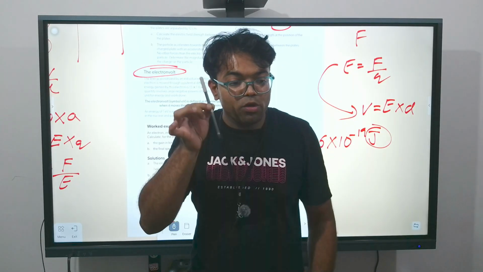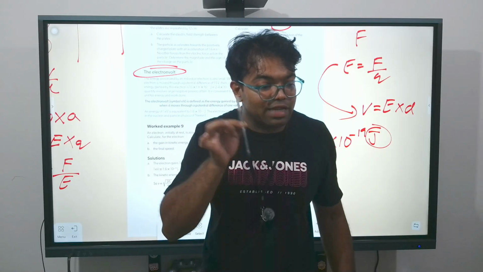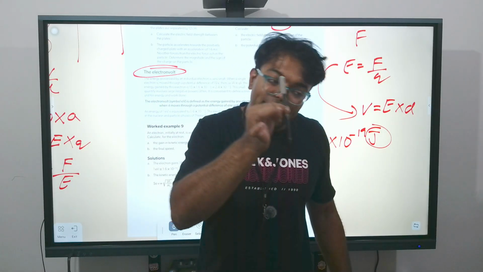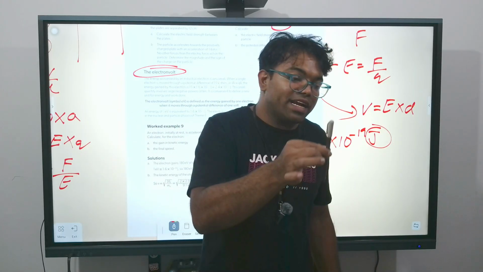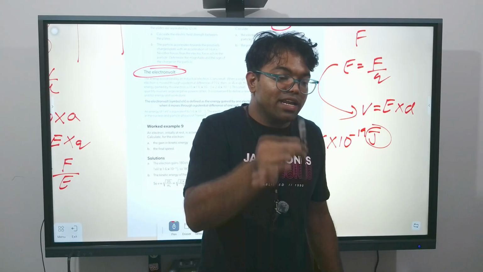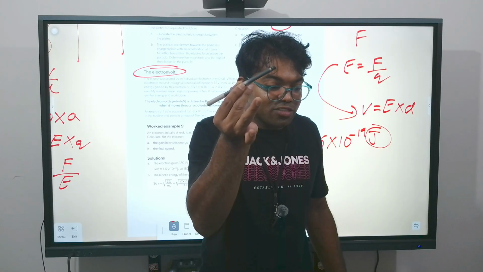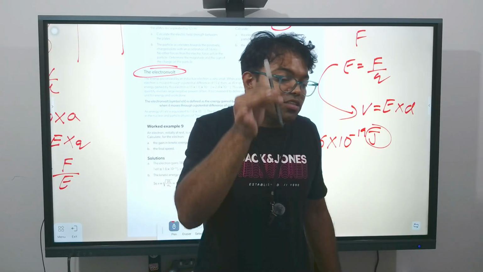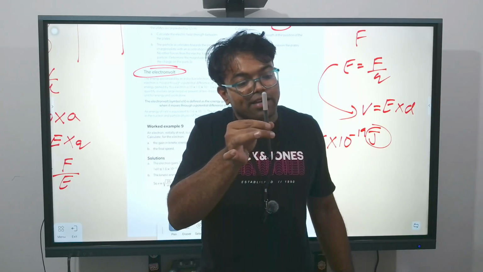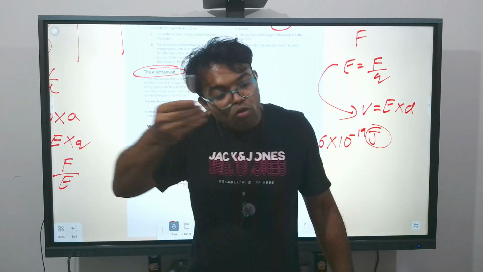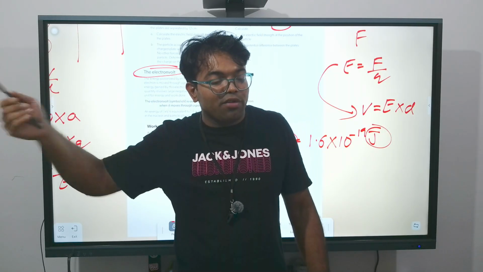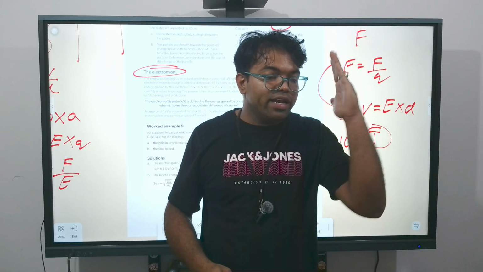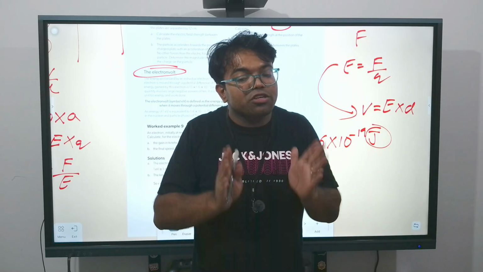So I'm giving you a very detailed analysis of what is happening. You are doing work against the electric field. Because of that, energy is getting stored inside the charge, and as soon as you remove the force, the stored energy will allow the charge to move a comfortable distance away from this field, so that the repulsion stops.